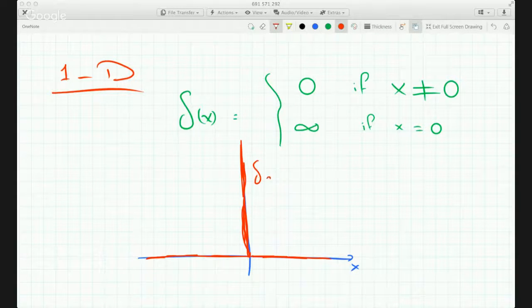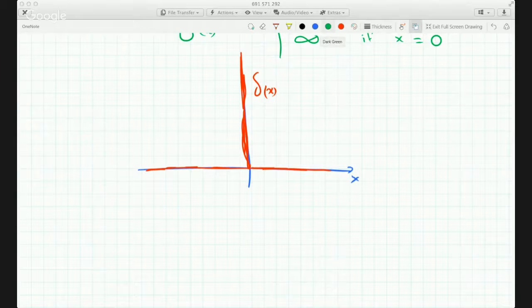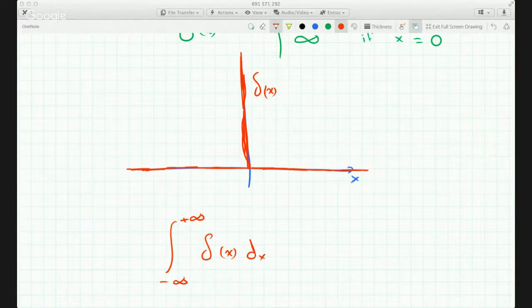So this in red would be the Dirac delta function in one dimension, such that the integral from minus infinity to plus infinity of the function dx, meaning the area under the graph, is actually equal to 1.